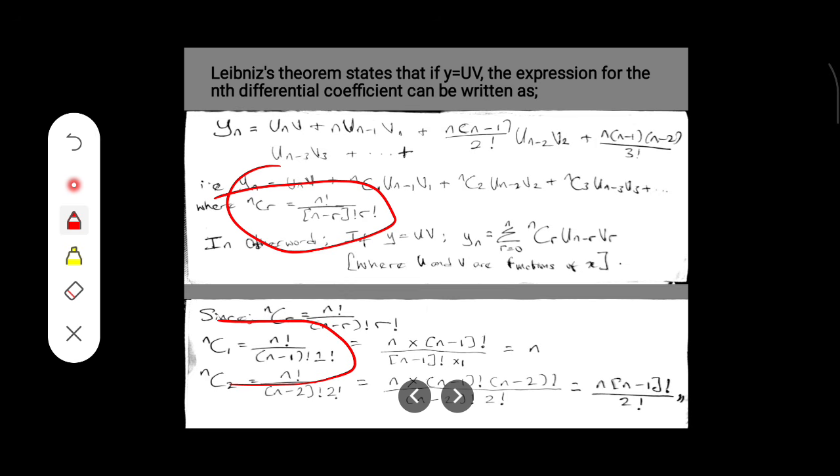And now n factorial translates into multiplying n by its descending terms, which means it can extend into n times n minus 1 times n minus 2 times n minus 3 and so on. But since we have n minus 1 factorial in the denominator, I can easily stop at n minus 1 factorial in the numerator. So both of them cancel out, and now n combination 1 is equal to what? n. Same thing for n combination 2.